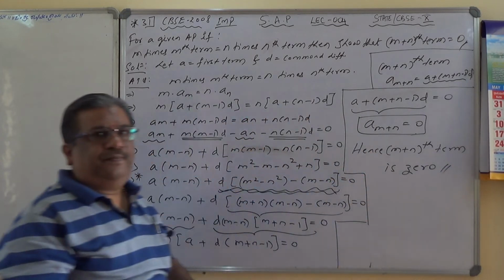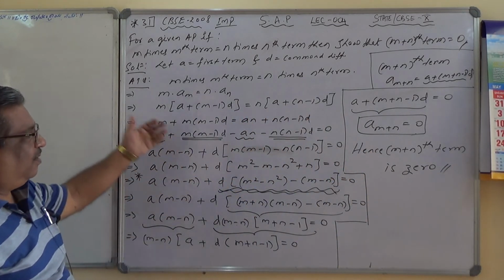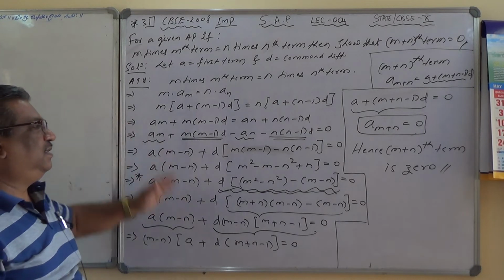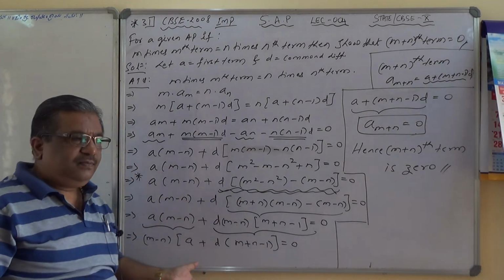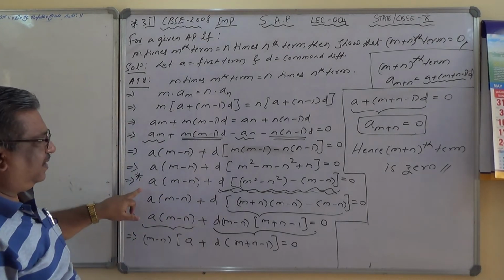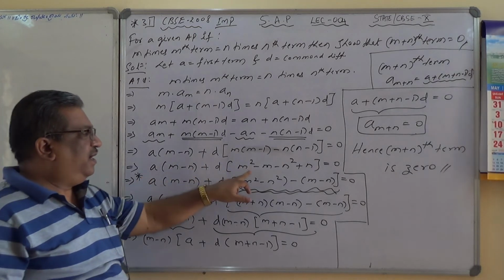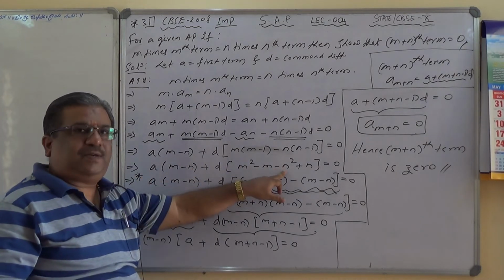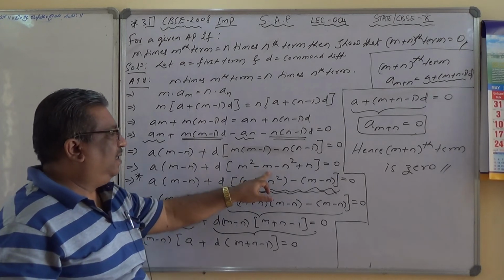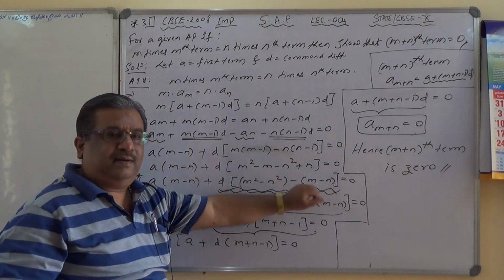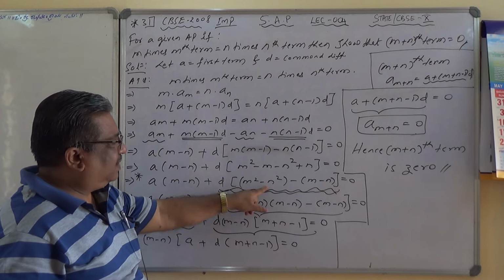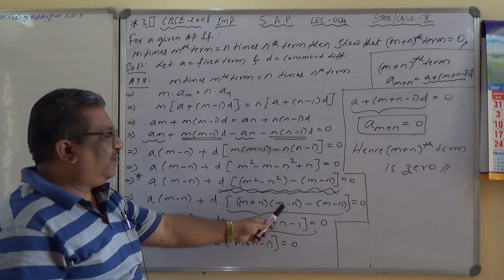A good manipulation is involved over here, and these things you practice a lot, and especially this is a critical step which I am saying, the rearrangement of m square minus n square and minus of m minus n, because m square minus n square can be written as m plus n into m minus n.